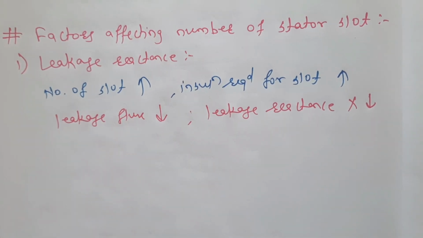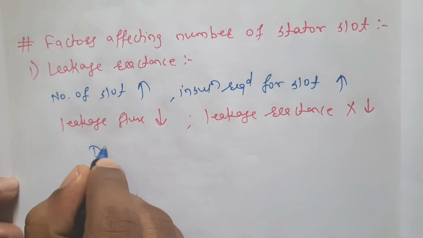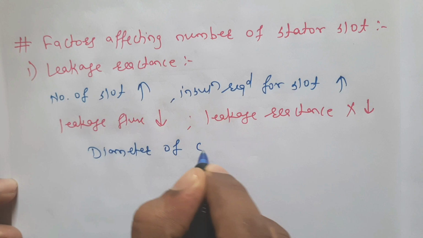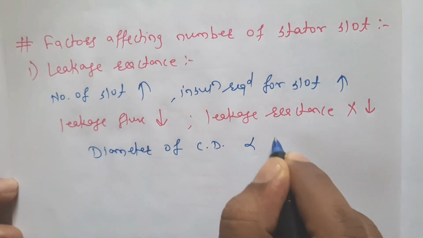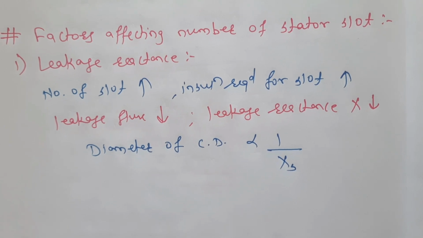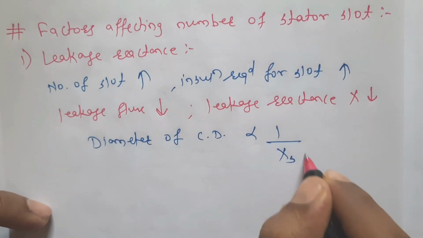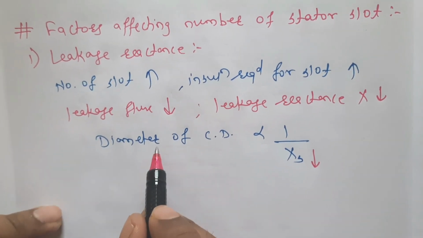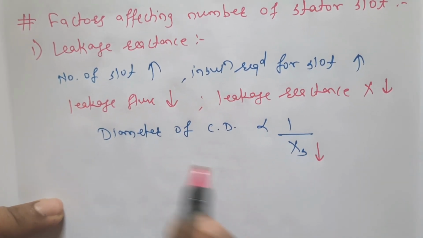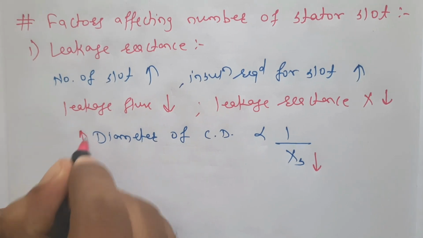We know diameter of circle diagram is inversely proportional to X, that is leakage reactance. Here as X decreases, since diameter of circle diagram is inversely proportional to leakage reactance, therefore diameter of circle diagram increases.